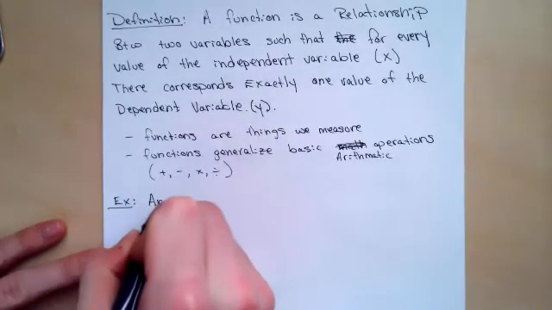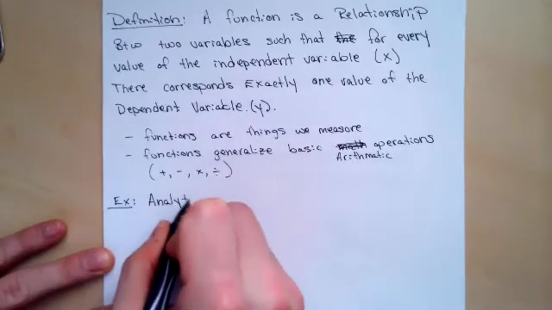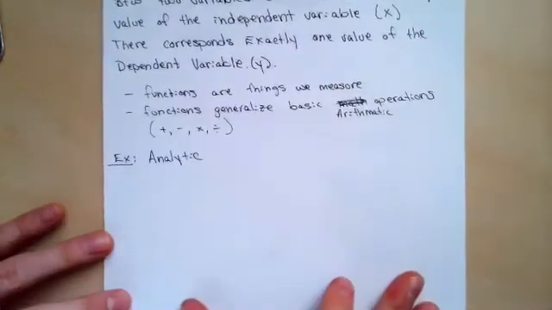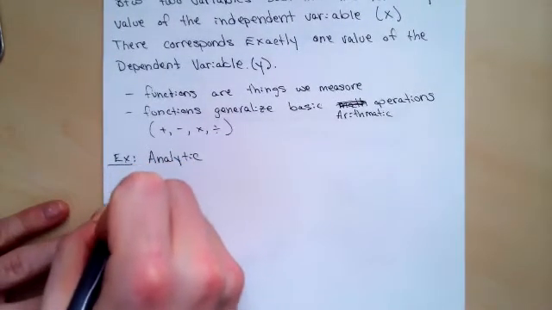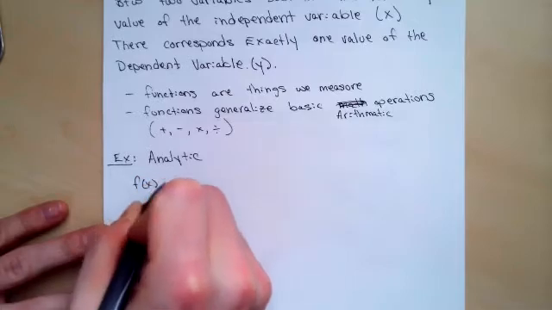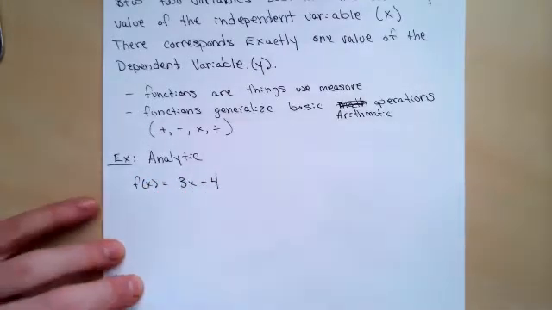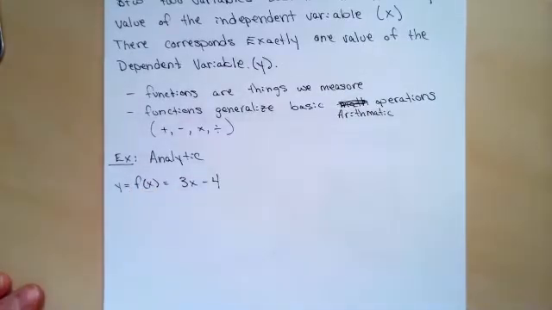We usually give functions in 3 different ways that you'll see them in this course. Analytic functions. A function defined analytically, I can write as something like f of x is equal to 3x minus 4. And sometimes we'll put y equals 3x minus 4, or we'll call it a specific function.